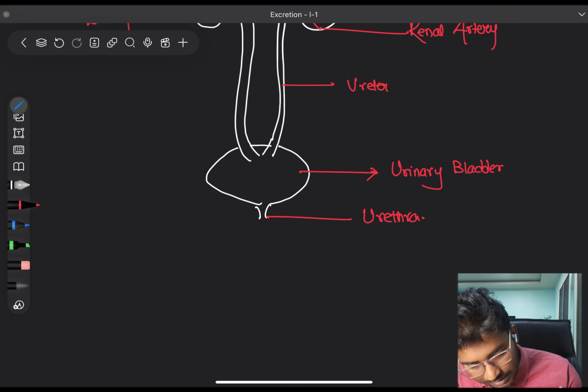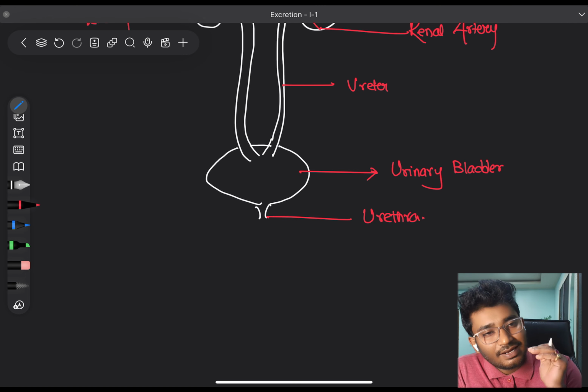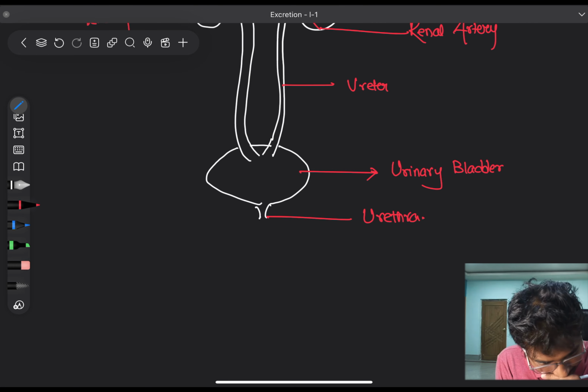And remember, the right kidney is slightly lower than the left kidney because of the placement of the liver.